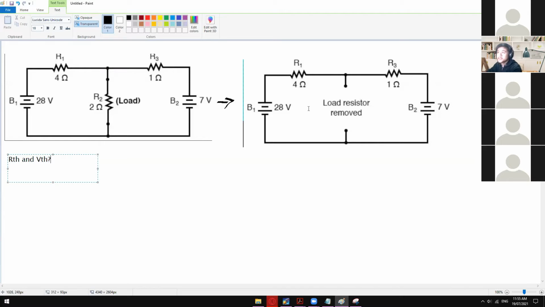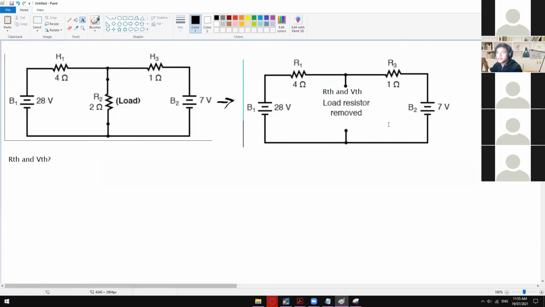So wherever your RL or load resistor is, there's only one load resistor, that is where you can find the value of RTH and VTH. In other words, this open circuit right here.